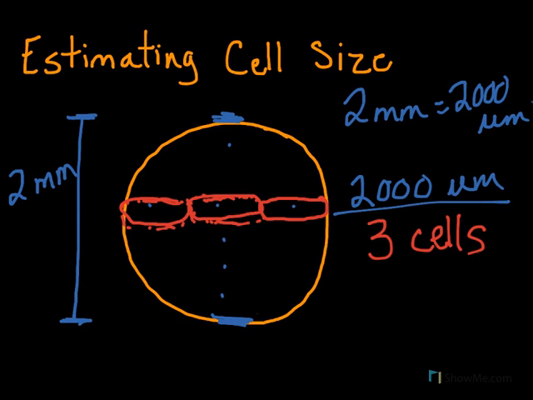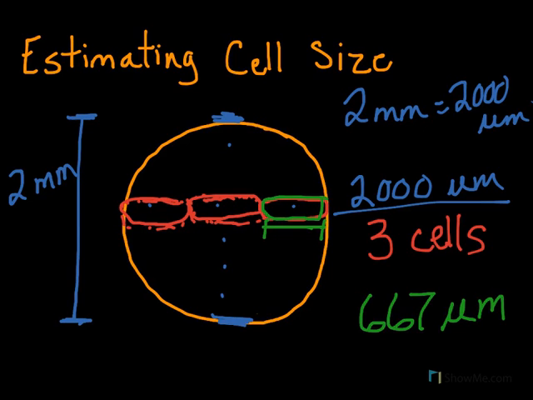After we divide 3 into 2,000, we have about 667 micrometers, and that would be the length of one of these cells.